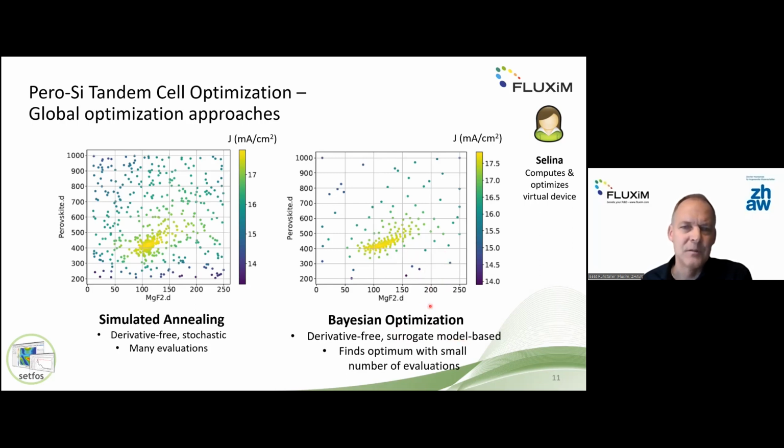The surrogate model is getting better and better, which allows the algorithm to quickly find the global optimum. And in this case, the Bayesian optimization is a faster algorithm which has used fewer evaluations. So this is illustrating that there are different optimization algorithms available.